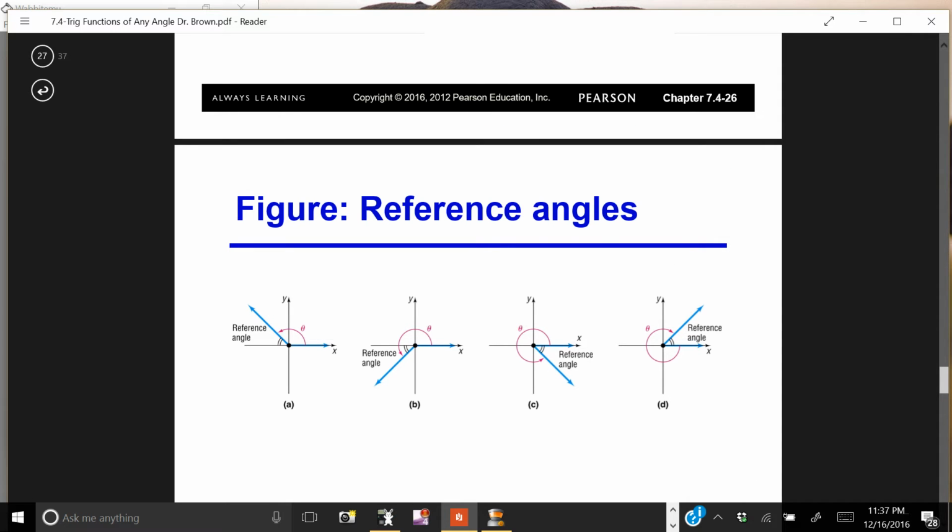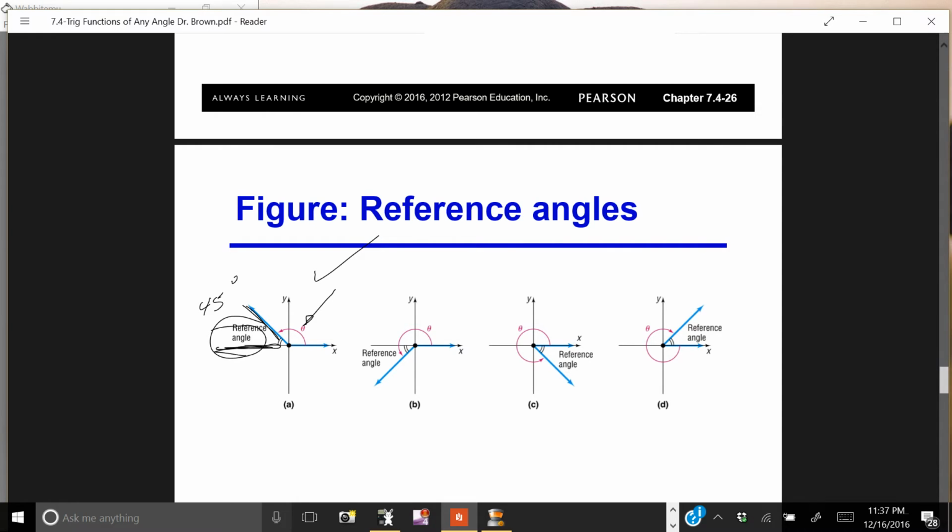So, here's an example. Here's your angle theta. The reference angle is between the terminal side and the x-axis, and it looks like this would be a 45-degree angle, or pi over 4.